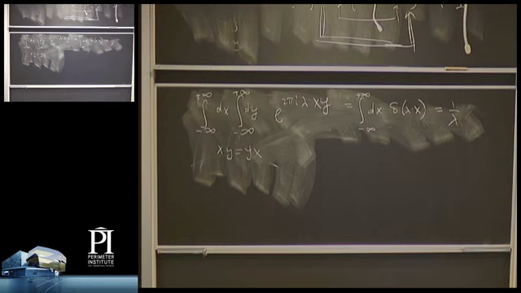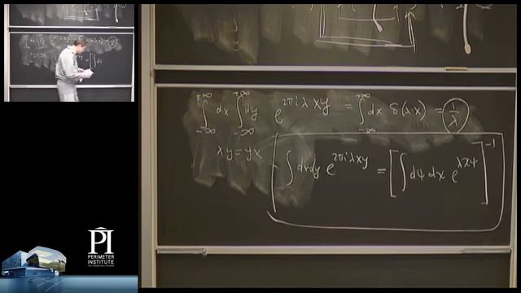Okay, so notice that this integral is 1 over lambda, and the fermionic integral is lambda. So what we showed is that if we have a bosonic integral of this type, dx dy of e to the 2 pi i lambda xy, the value of this integral is the inverse of the value of the integral when we go from bosonic variables to fermionic variables, and in the exponential we remove 2 pi i.